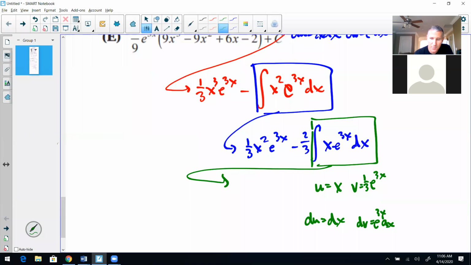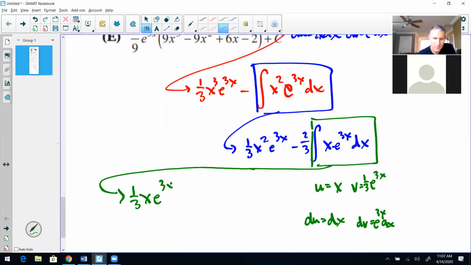Now this ends up being uv minus the integral of v du.